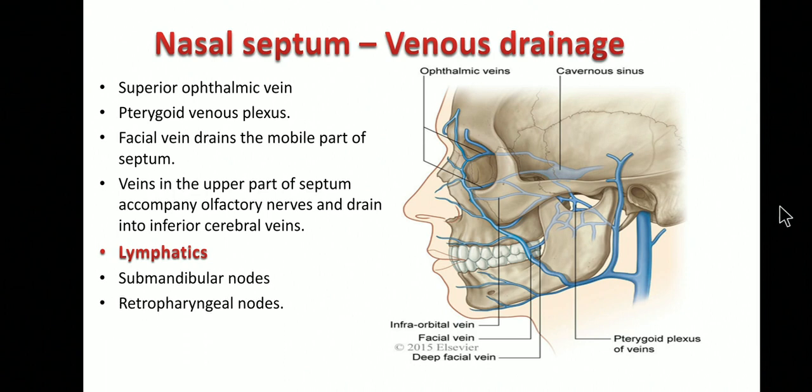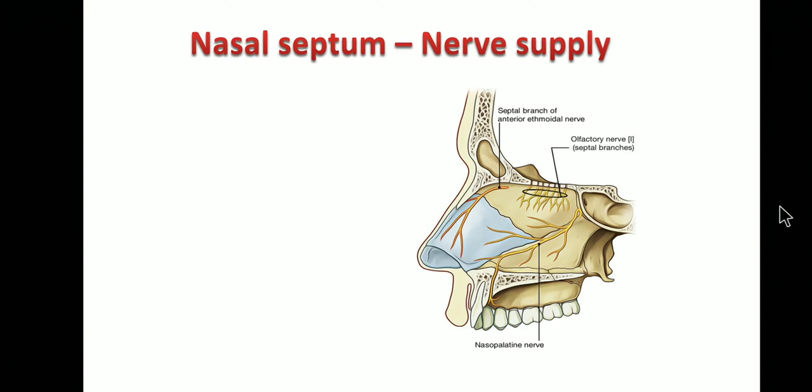Now coming to the nerve supply of the nasal septum. The upper part near the roof is supplied by the olfactory nerve filaments.